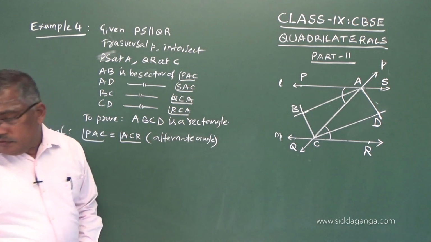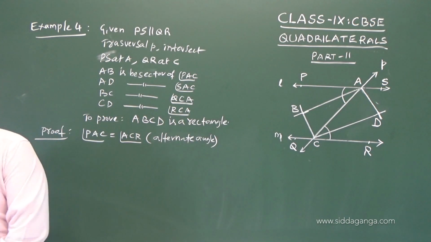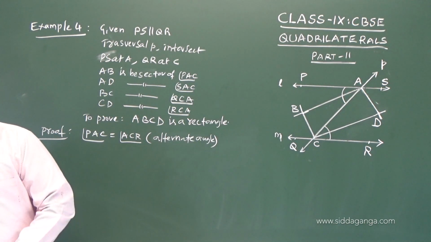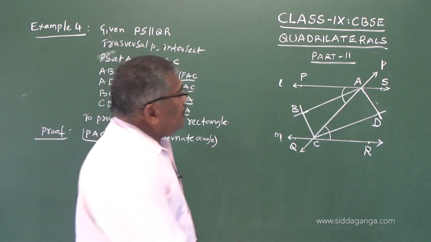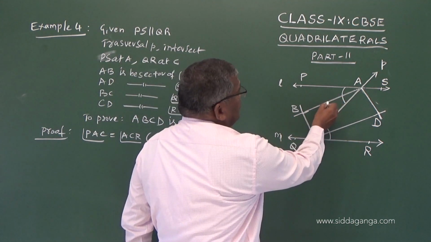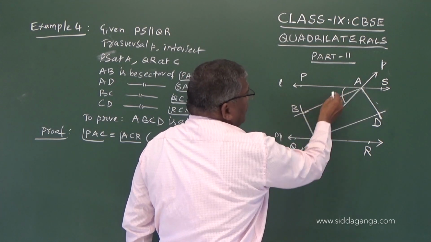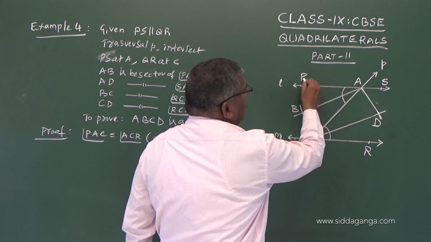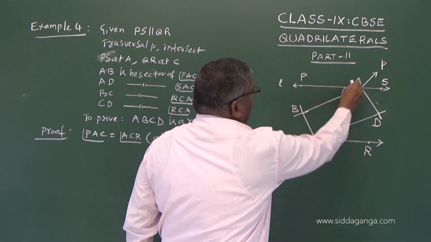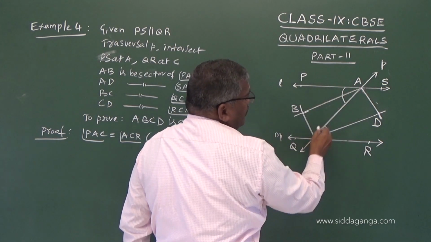Now we know that AB is the bisector, and PAB is equal to BAC.